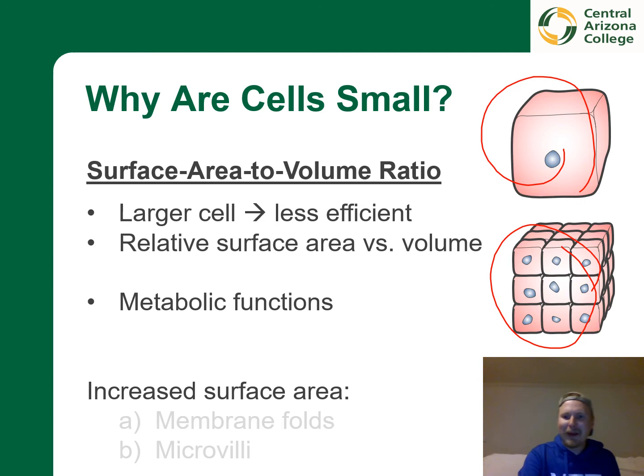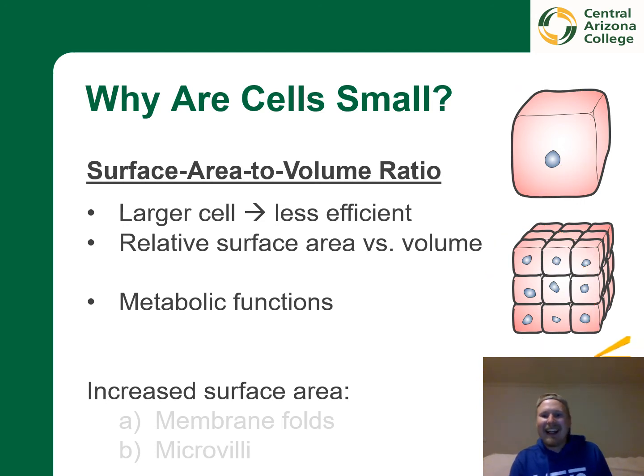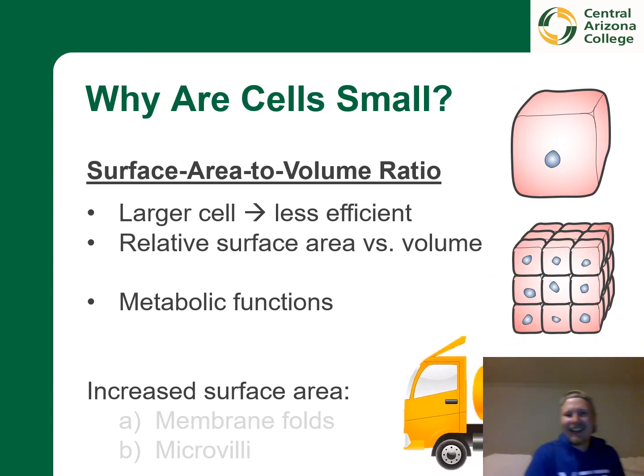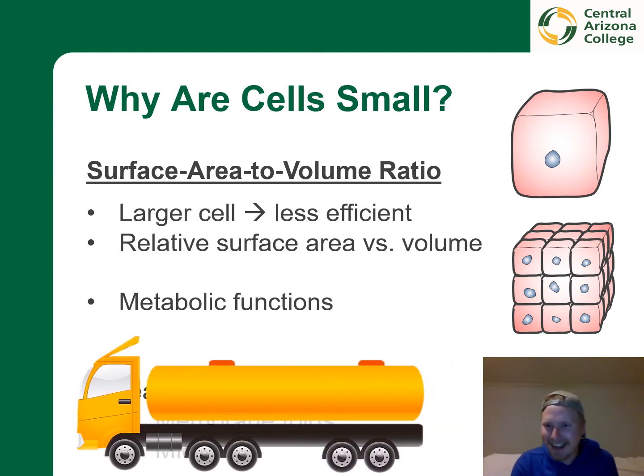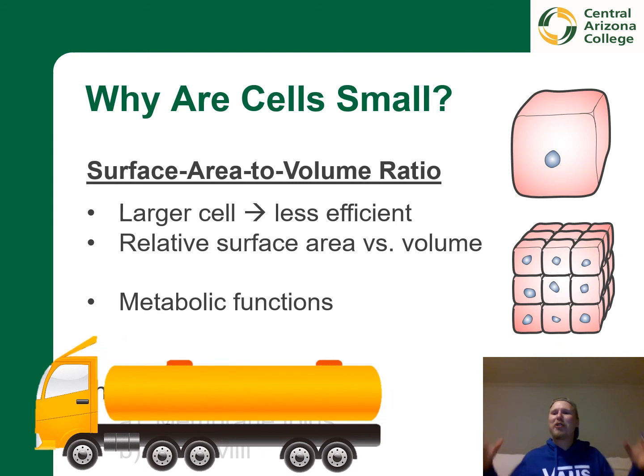Another way to think about this is to think about a fuel truck as an example. If the cell grows too big, the traveling distance from the cell membrane to the inner parts of the cell grows too long, just like the truck, which transports fuel and needs some fuel itself to drive the distance.